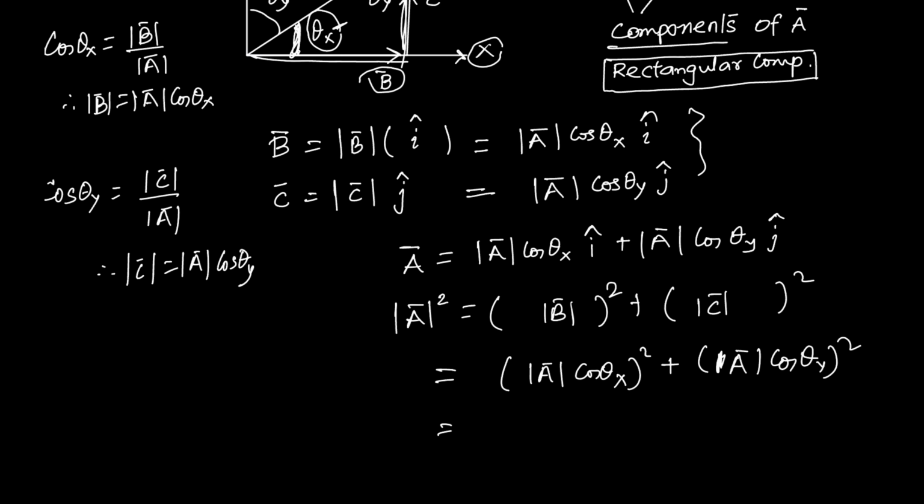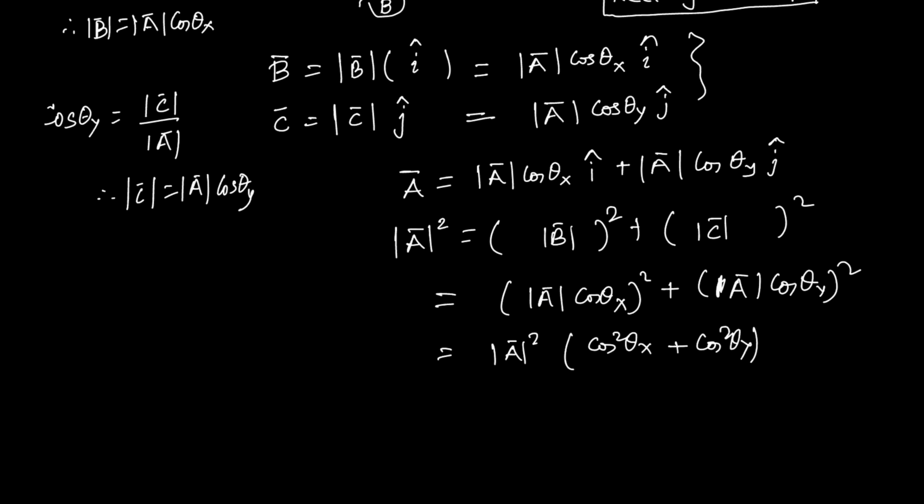And if you cancel out mod A from both sides, then we are left with this expression. So if these two cancel out, 1 is equal to cos square theta x plus cos square theta y.